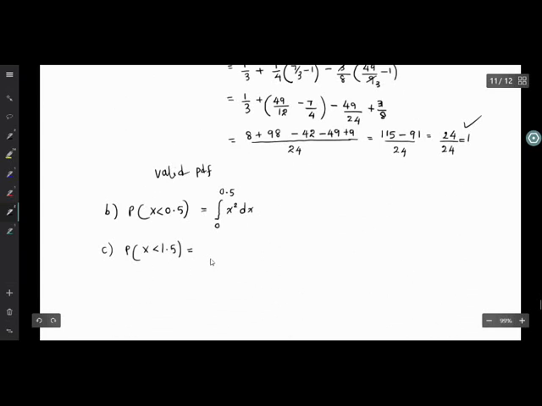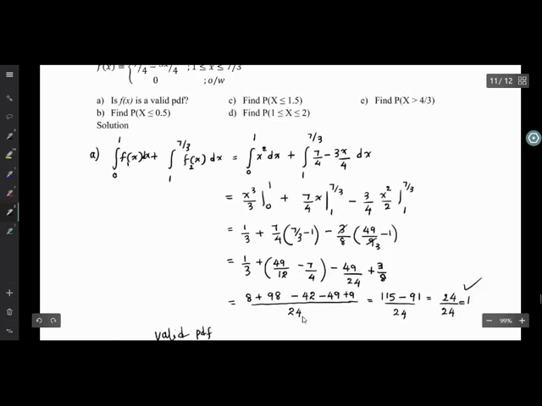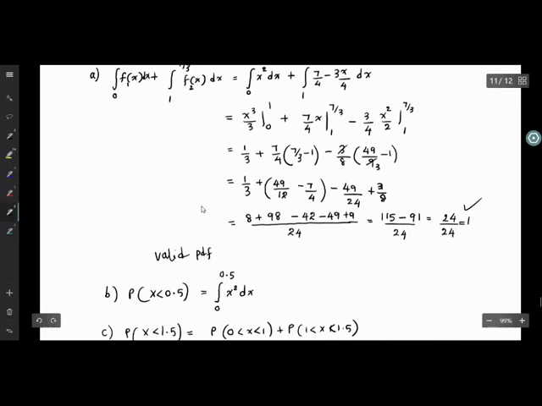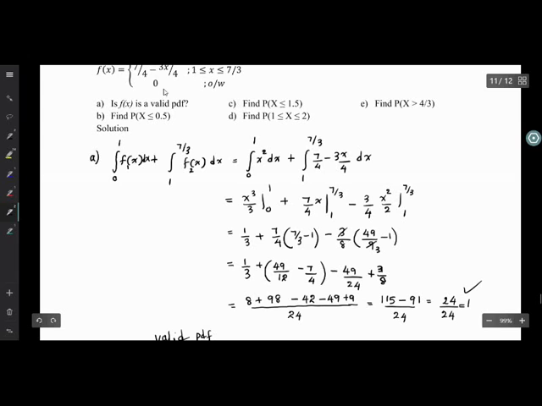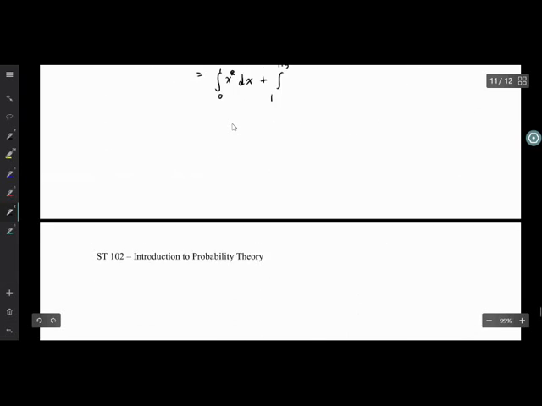So x is from 0 to 1 and from 1 to 1.5. From 0 to 1 you use x squared dx, and from 1 to 1.5 you use the next one. Because this is a piecewise function, you have to use the corresponding function at the correct limit. So 7 over 4 minus 3x over 4.